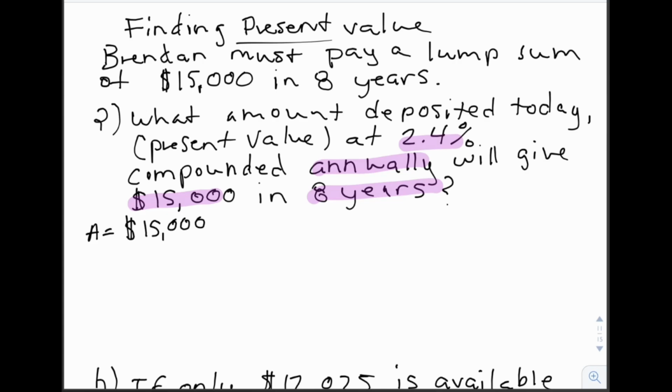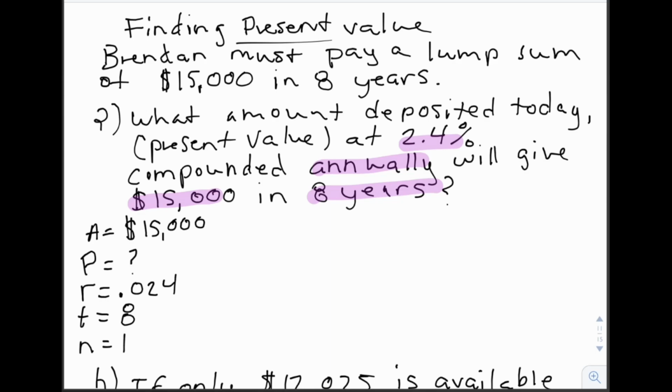So A is going to be equal to 15,000. We want to find our present value, or the amount deposited. We are given an R, or interest rate, of 2.4, so that's going to be 0.024. Our time is equal to 8, and then it told us annually, so in this case our n is going to be equal to 1.